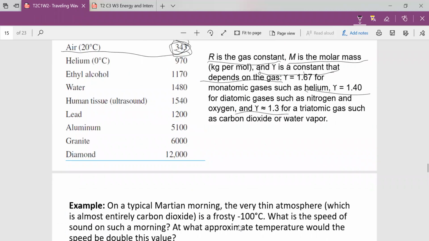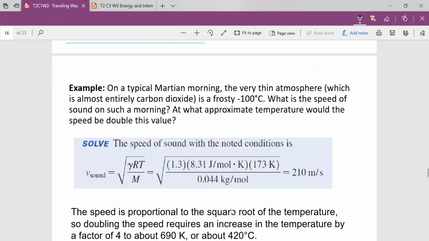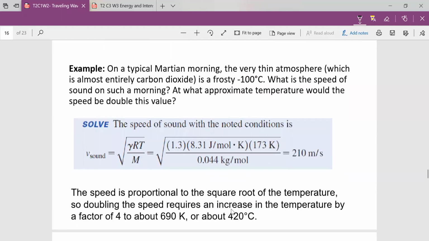So if you're given a question to find that, the constant will be given to you for the particular gas that is specified in the question. So let's see another example. On a typical Martian morning, the very thin atmosphere, which is almost entirely carbon dioxide, is at minus 100 degrees Celsius.